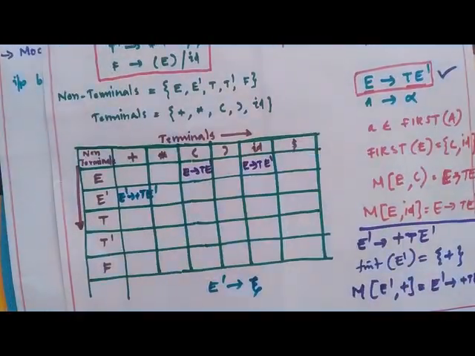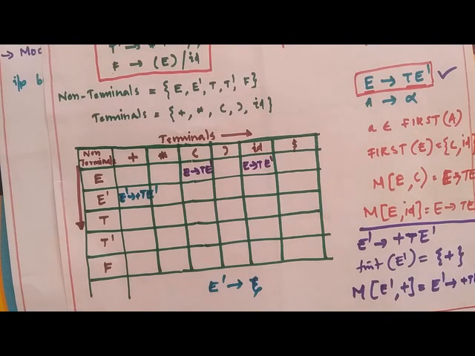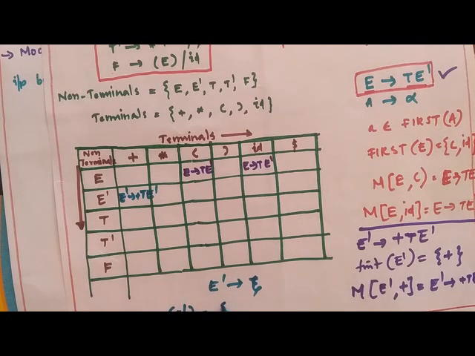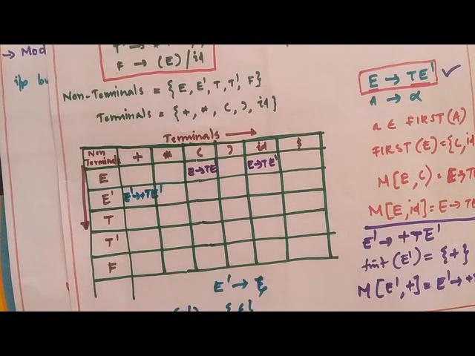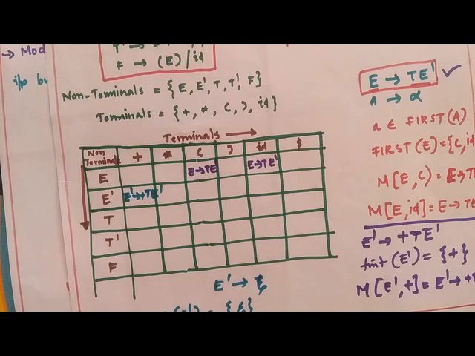Here we have to compute what is first of E dash. By applying rule 1, we need to compute what is first of E. First of E is nothing but epsilon.